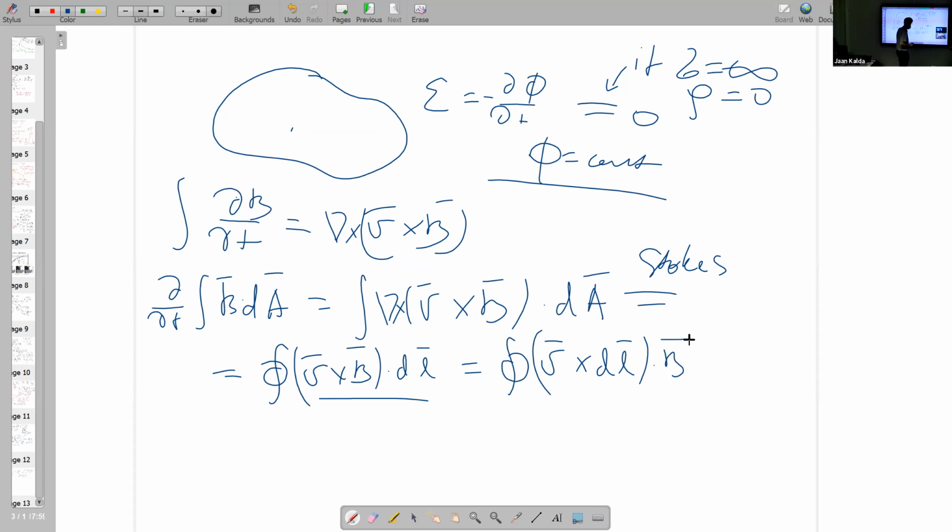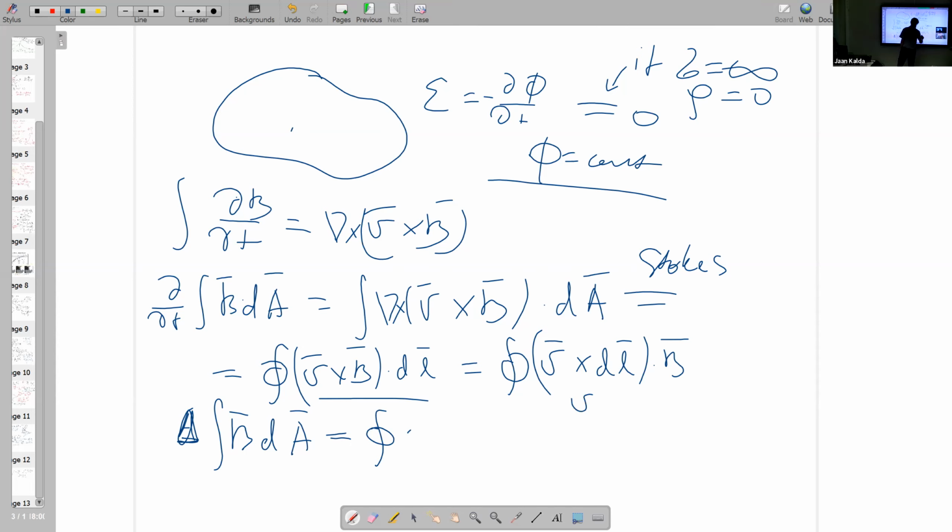Now, what is v cross dl? Let us consider a small time interval and multiply the left hand side and right hand side by dt. If I multiply by dt, the left hand side becomes a delta: delta integral of B dA, which is a change of the flux. The left hand side has the change of the magnetic flux. The right hand side is going to have the integral, and now let us combine that delta t with v.